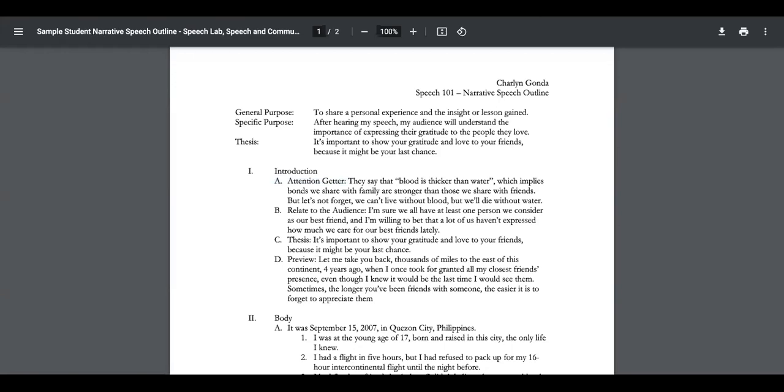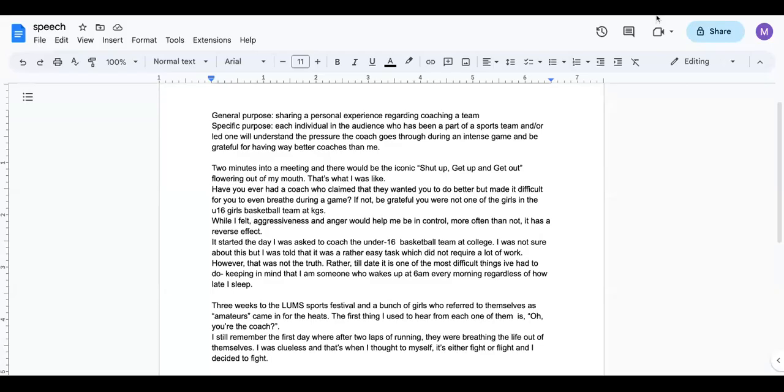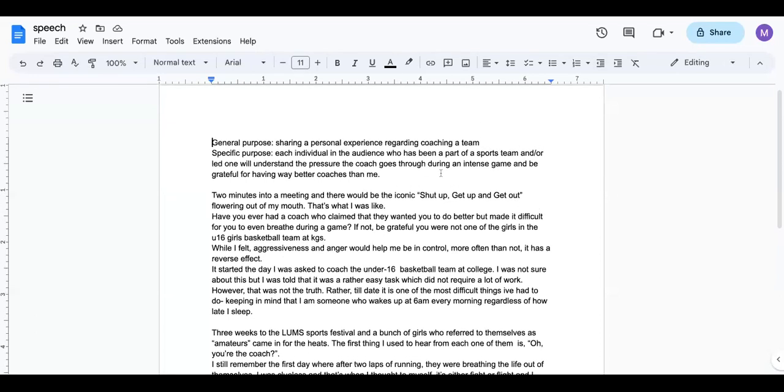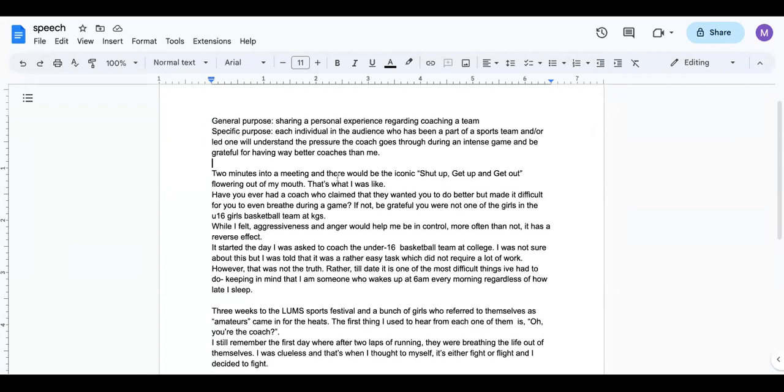Of course, I'm coming back to it, but I just want to make you see this example that I wrote, like a month ago or so. I just want you to see the attention getter here. So I have my general purpose, a specific purpose which you do not need. Now this is my attention getter, just this first line. It says, 2 minutes into a meeting, and there would be the iconic "shut up, get up, and get out" flowing out of my mouth. That's what I was like. Does this make you a little bit curious about what I'm talking about?